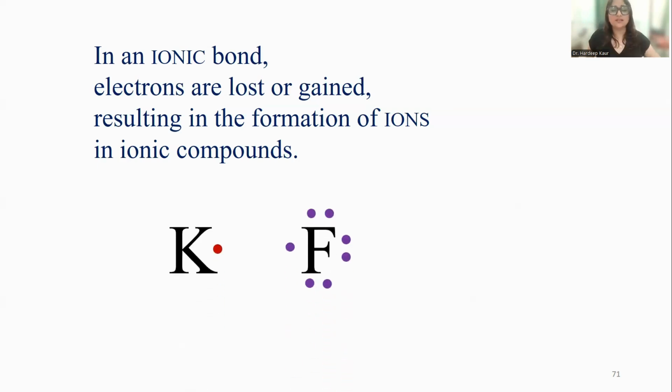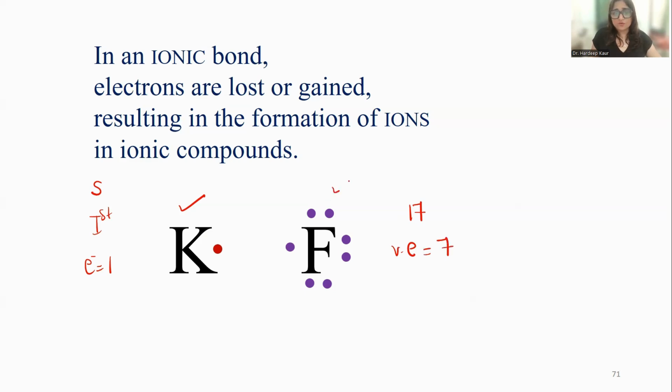Like if I take one example, K, potassium, is an s-block element from the first group. In the first group, how many valence electrons will there be? One only. This fluorine is from the halogen family, the 17th group. How many valence electrons will there be? Seven.